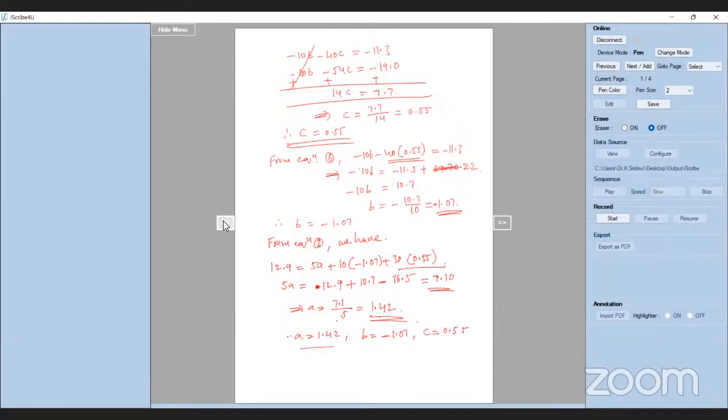So now substitute all these values of A, B, and C in equation 1. What is equation 1? y is equal to A plus Bx plus Cx squared.